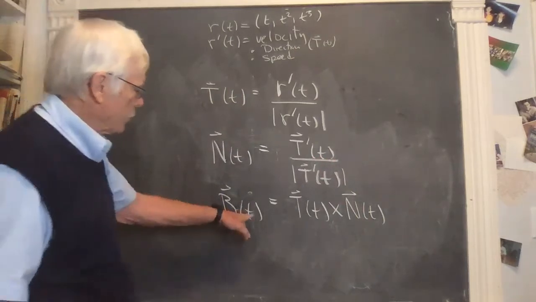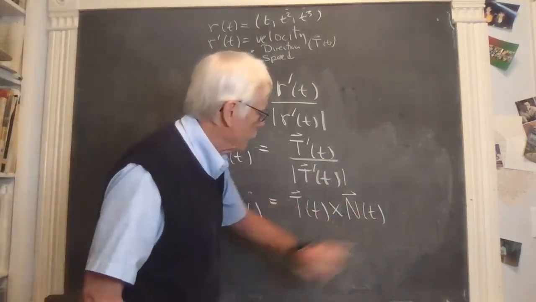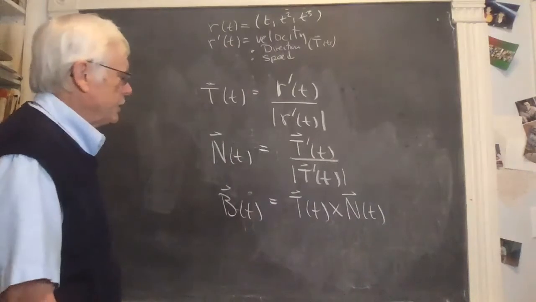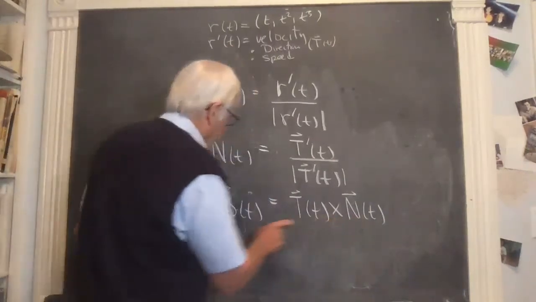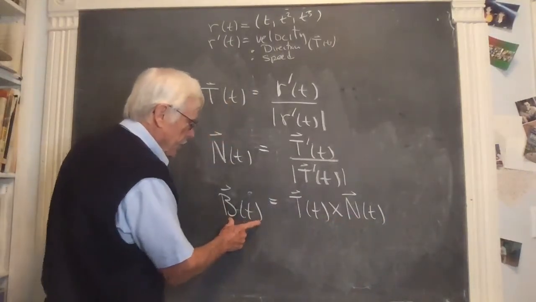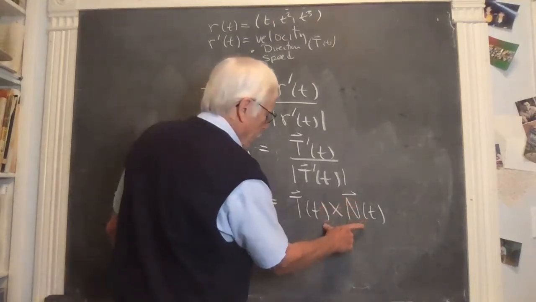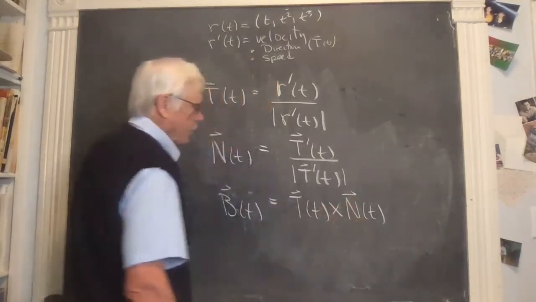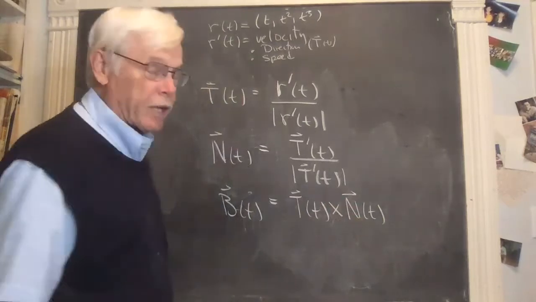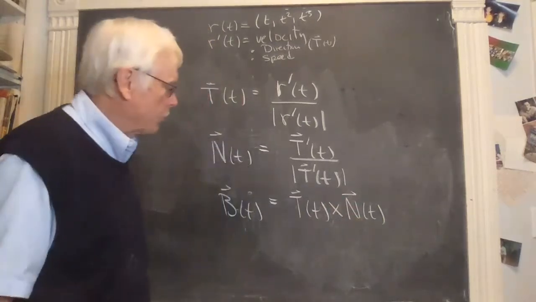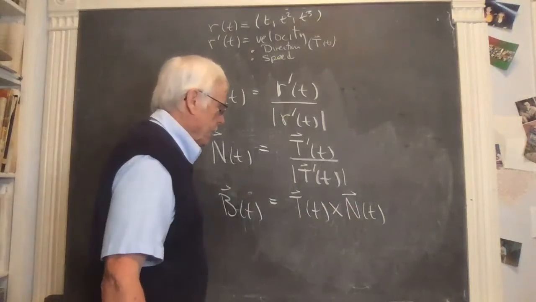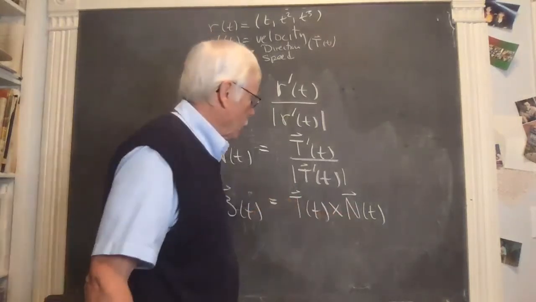B of t, by the way, is automatically a unit vector because each of these is. And these are perpendicular. So the length of B of t is the area of the parallelogram determined by T and N, but T and N are both perpendicular and of length 1, so they form a square. And the area of that square is 1 times 1 is 1.